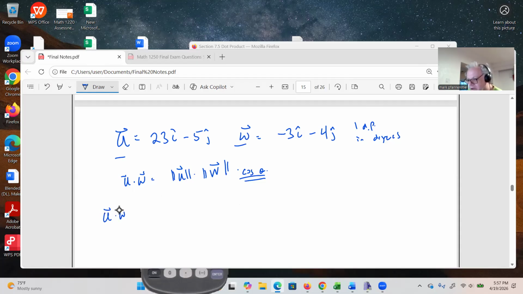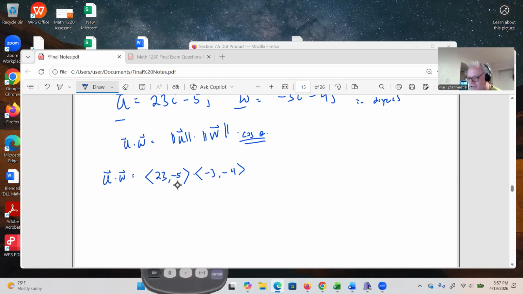u dot w is going to equal 23i minus 5j, so we have <23, -5> times <-3, -4>. This is just the dot product. So we have 23 times negative 3, plus negative 5 times negative 4.